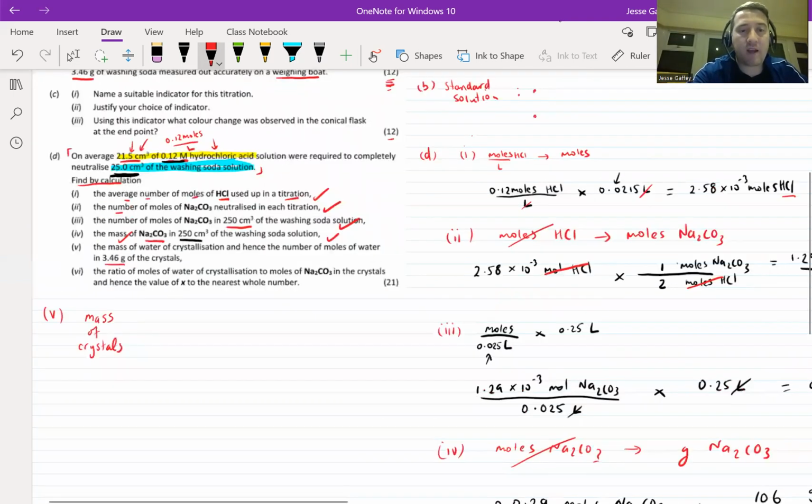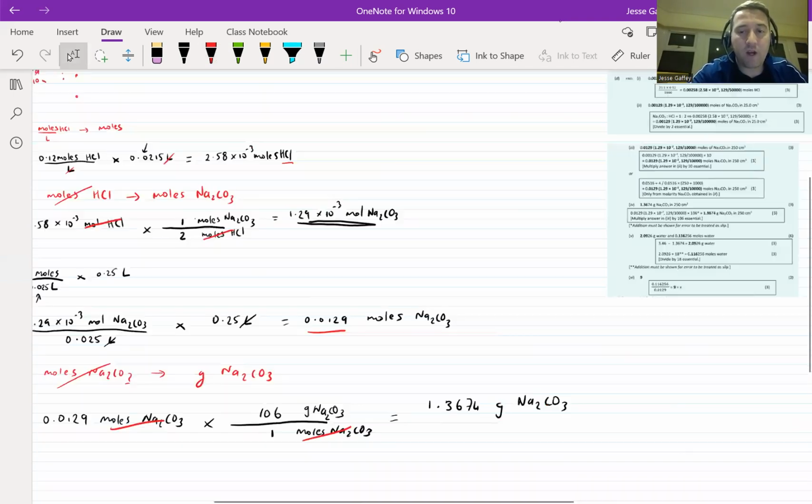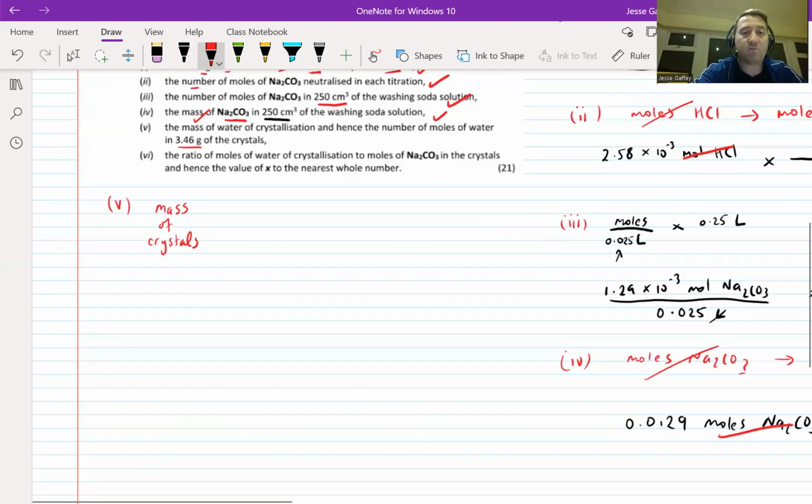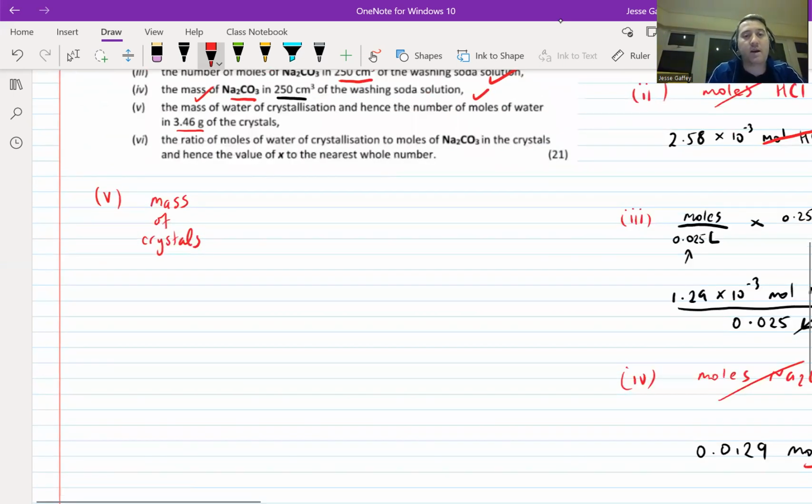So when we dissolved that much crystals, we got this much sodium carbonate. So this many grams of the crystals were sodium carbonate. So that means the rest must be water. So if we take the mass of the crystals and take away the mass of the sodium carbonate, Na2CO3, well then the remainder has to be the water.